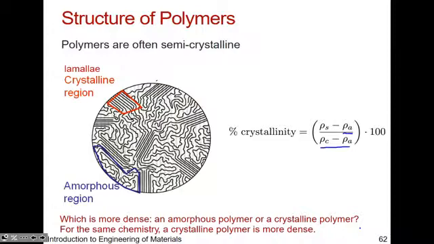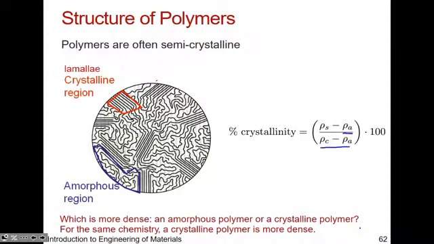Typically these values are tabulated, and you just need to know how to calculate the percent crystallinity. And it's actually really hard to get a 100% crystalline polymer material. That's extremely challenging from a synthetic point of view, and also from an engineering point of view. Not that people aren't working on it.